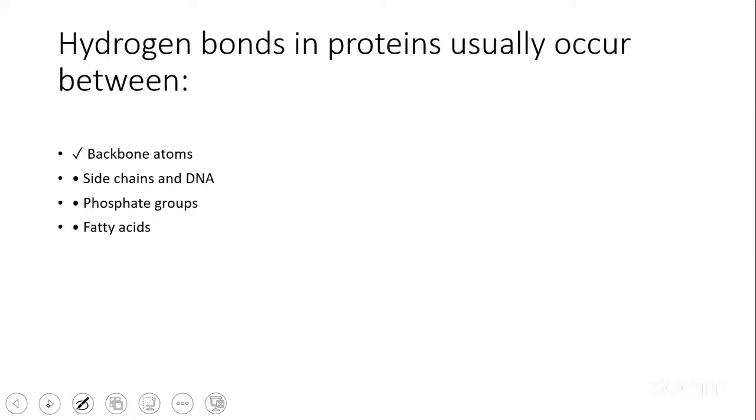Hydrogen bonds in proteins usually occur between backbone atoms. That's why I said earlier, the hydrogen bonding is between amino acids four residues apart. So residue at position one interacts with residue at position four.